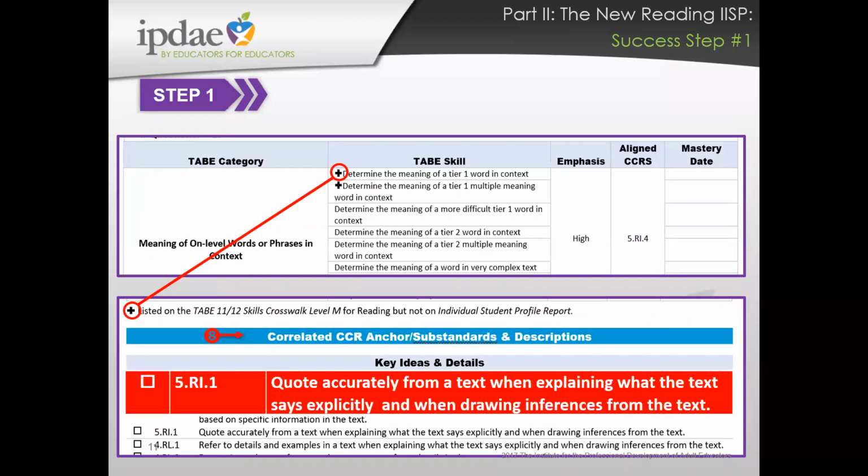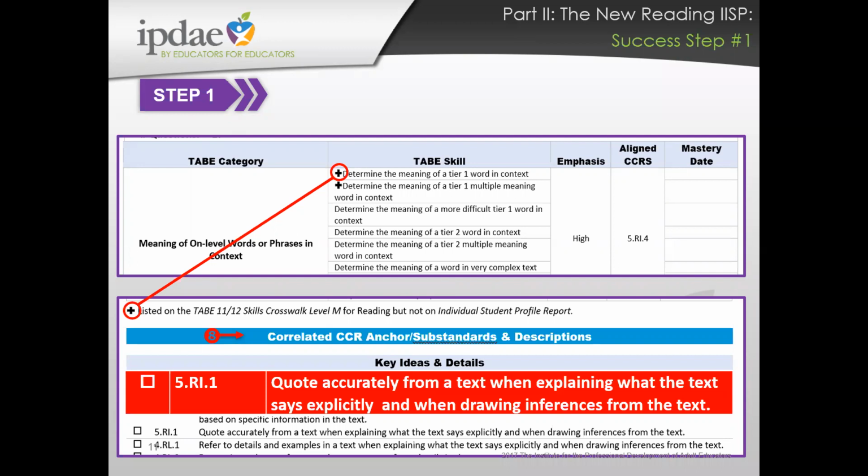Now, just a brief note before we move to step 2, let me explain the plus sign and the NAs. As we've indicated in prior webinar trainings on the TABE 11-12 test, we have identified some discrepancies between the blueprints, the CCR standards, and the students' individual profile reports. Now, if you see a plus sign in front of a TABE skill, what does it mean?